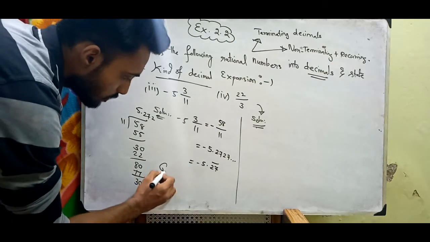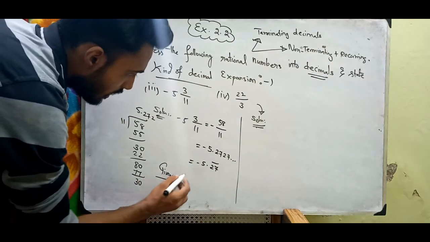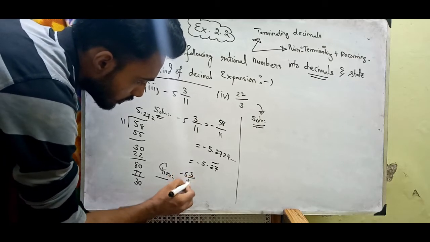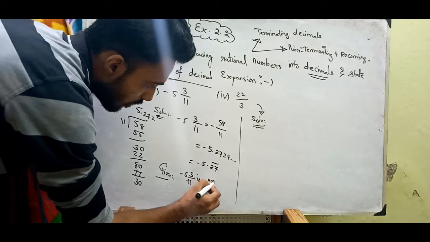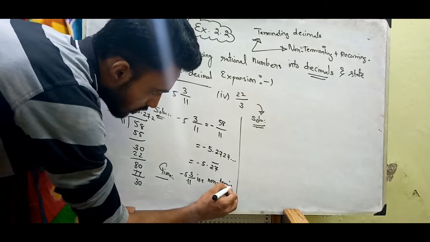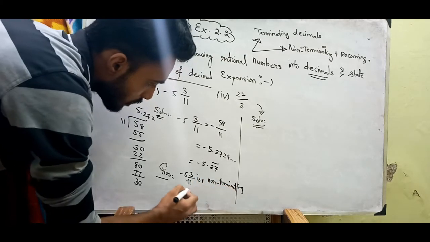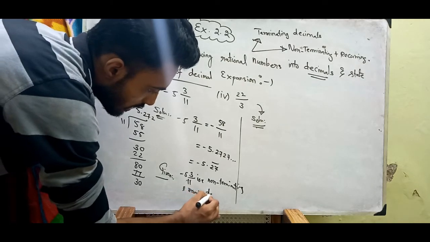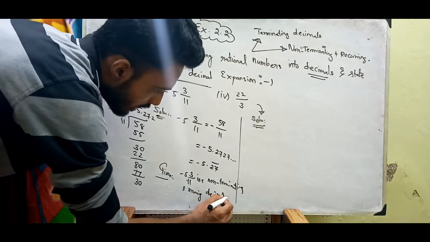So the given minus 5 3/11 is a non-terminating and recurring decimal expansion.